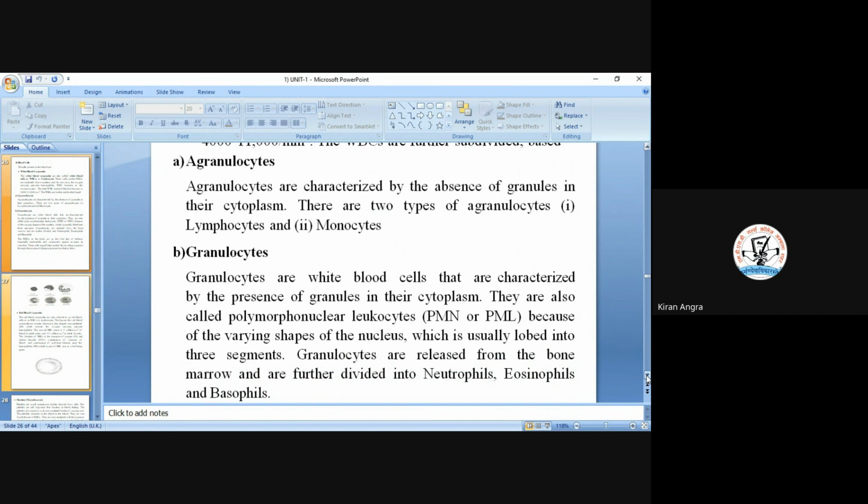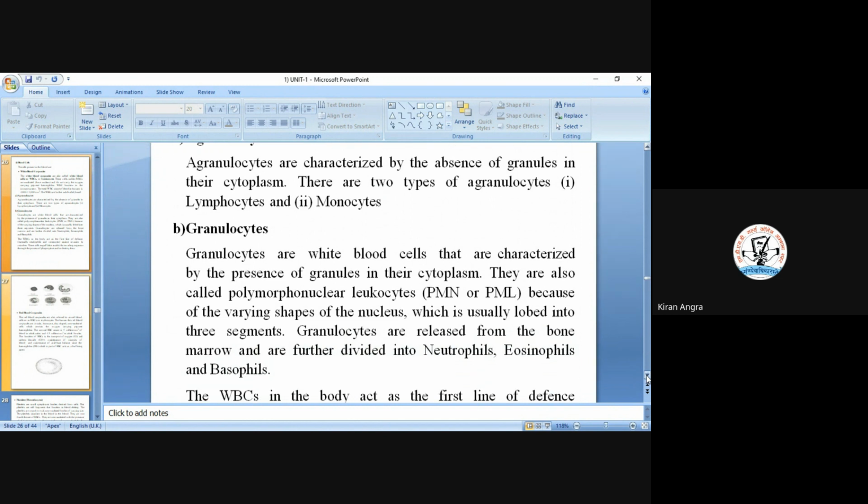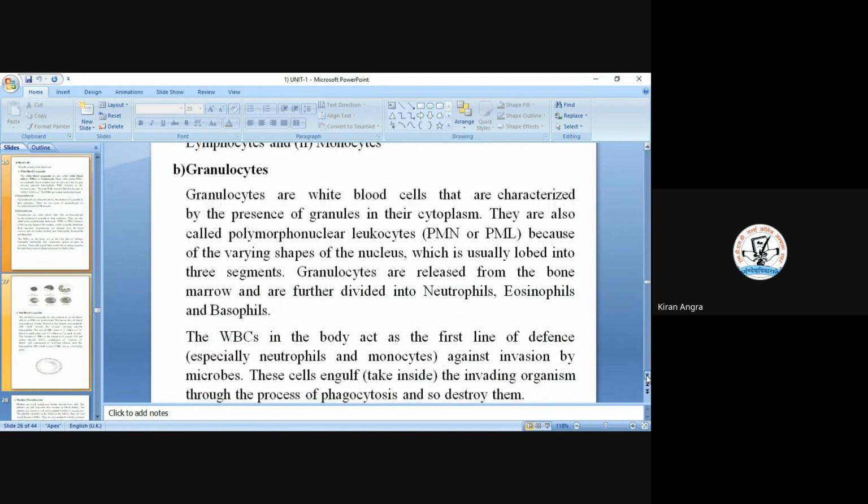Granulocytes are the white blood cells that are characterized by the presence of granules in their cytoplasm. They are also called polymorphonuclear leukocytes because of the varying size of the nucleus, which is usually lobed into three segments. Granulocytes are further divided, as you would have seen in reports, into neutrophils, eosinophils, and basophils.